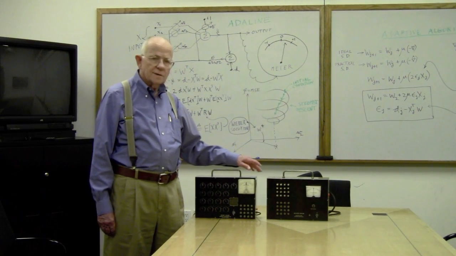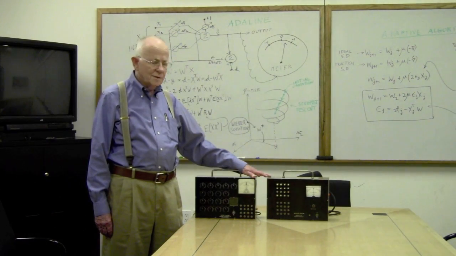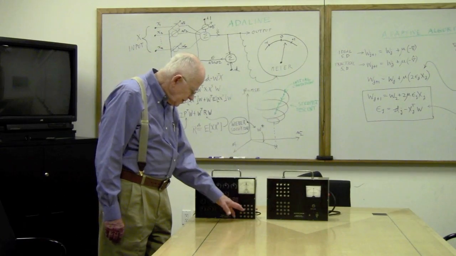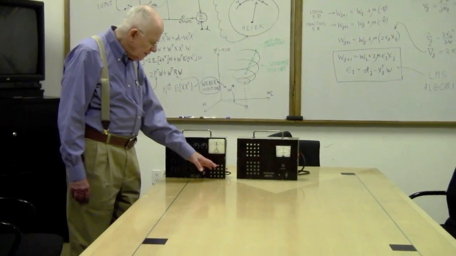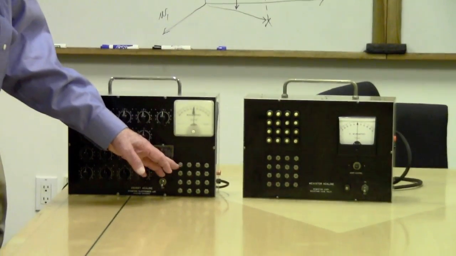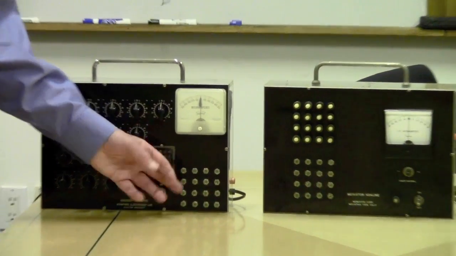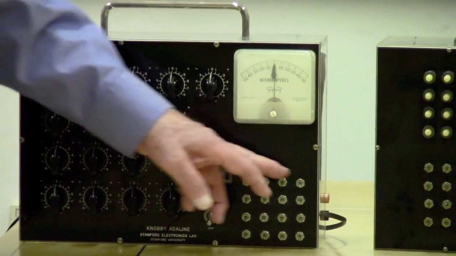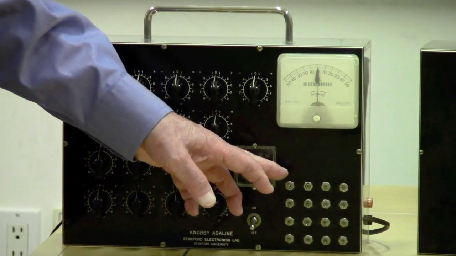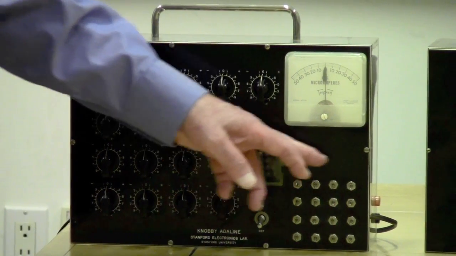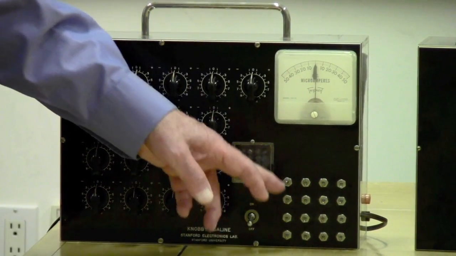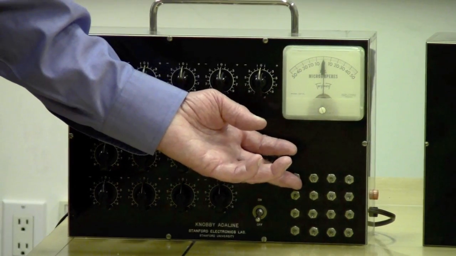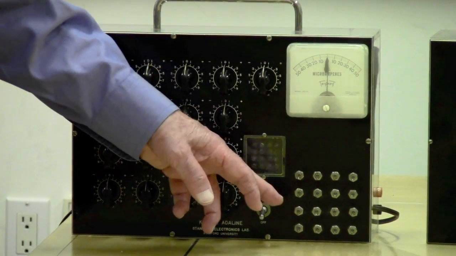Each of these devices is a single Adaline neuron. We have an array of switches that allows the input of a pattern. The switches are the pixel inputs. So this is 16 by 16. I'm sorry, this is 4 by 4, so the total is 16 input pixels. Each pixel is either switch up, +1 input, or switch down, -1 input.